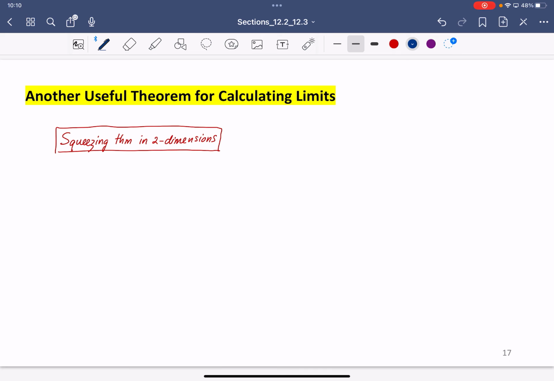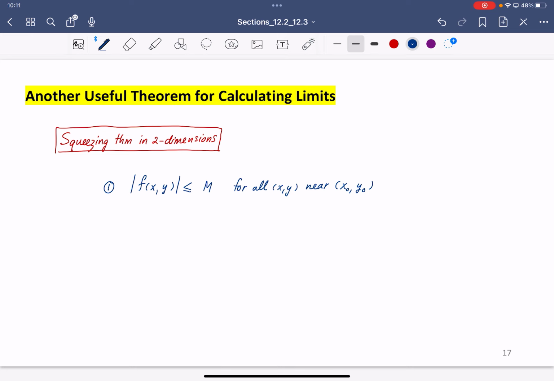Condition number 1: if f(x,y) is a function, and you know that the absolute value of f(x,y) is less than or equal to M for all (x,y) near (x0,y0).